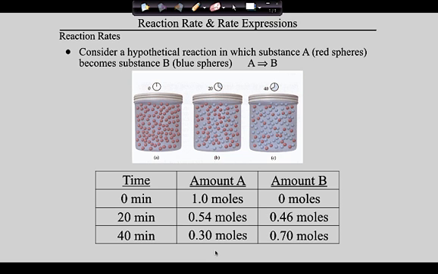All reactions slow down over time, assuming that we're not doing anything from the outside to stoke the fires, so to say. All reactions slow down over time.